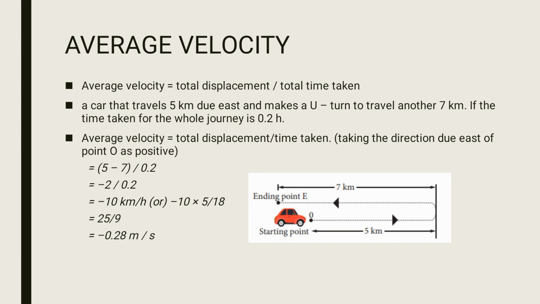Applying these values in the formula, which gives 5 plus minus 7 divided by 0.2, which gives minus 2 by 0.2, and the answer is minus 10 kilometers per hour, or you can convert it to meters and seconds by multiplying the answer with 5 divided by 18, which gives minus 25 by 9, and the final answer is minus 0.28 meters per second. This is the average velocity of the car.